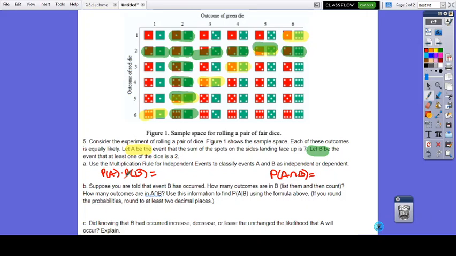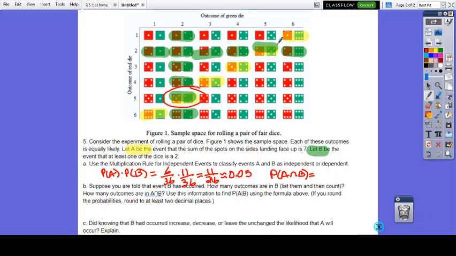So probability of A was my yellow, so there were 6 out of a total of 36. Times the probability of B, we just talked about this, but there's 11 of them total there. So 11 out of 36. And that's going to come out to 11 out of 216, or if you wanted to give it as a decimal, approximately 0.05. A intersect B, so how many of them are highlighted twice?